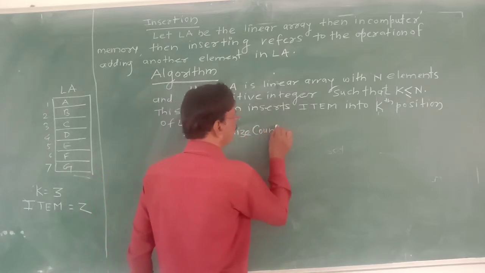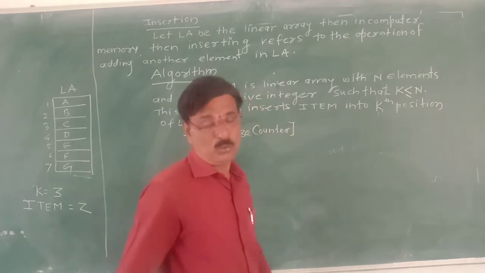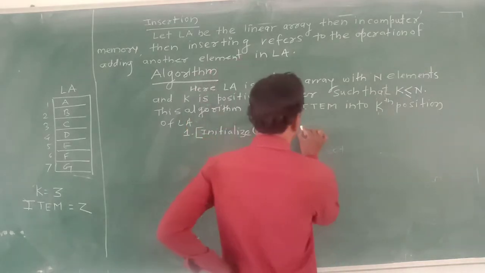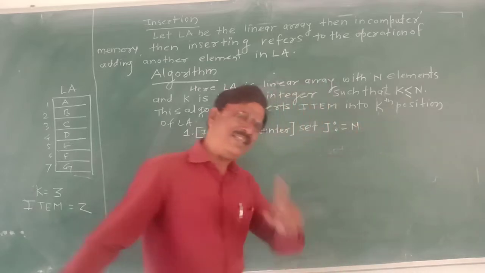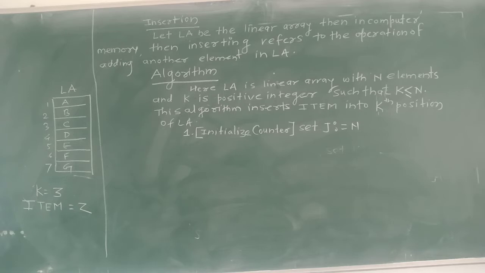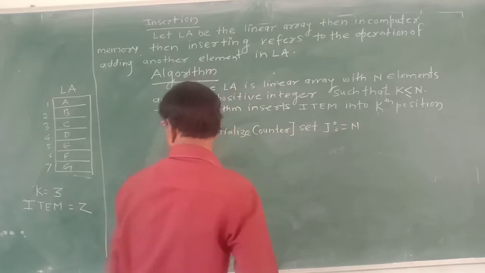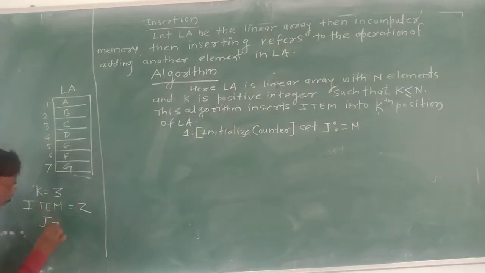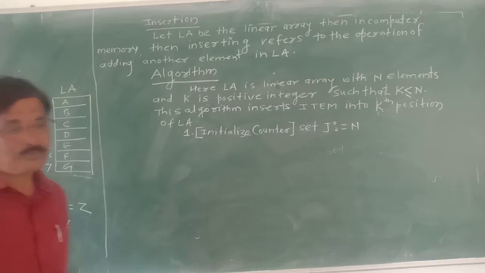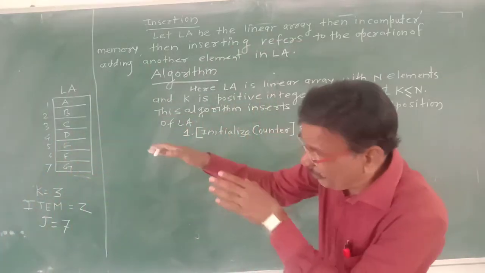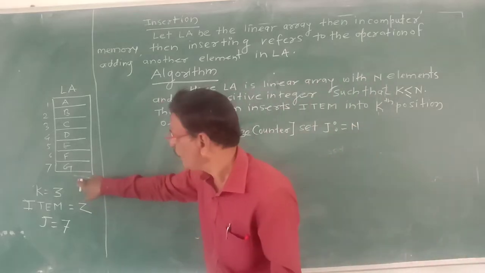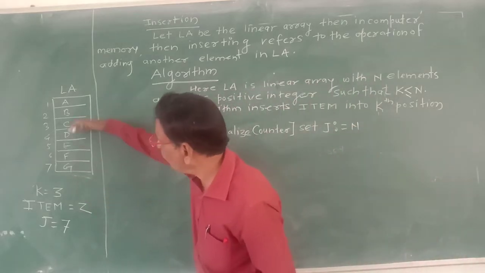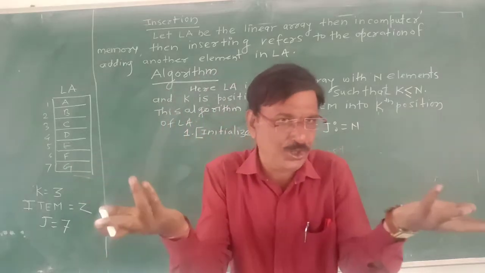Set J equal to N. So J becomes the length, J is equal to N, that is 7. Now the 7th item should become 8th, the 6th should become 7th, and so on up to the 3rd, that is the position.